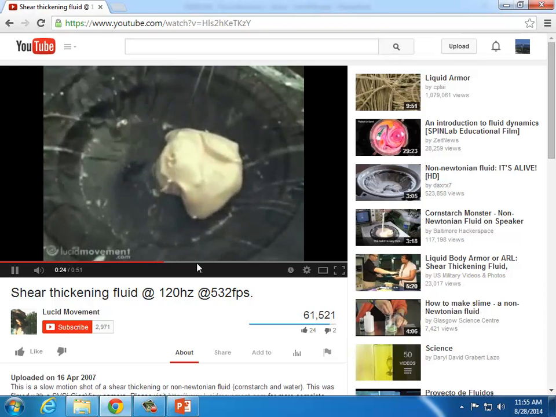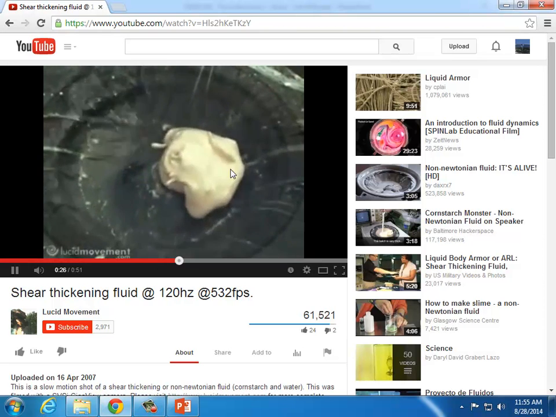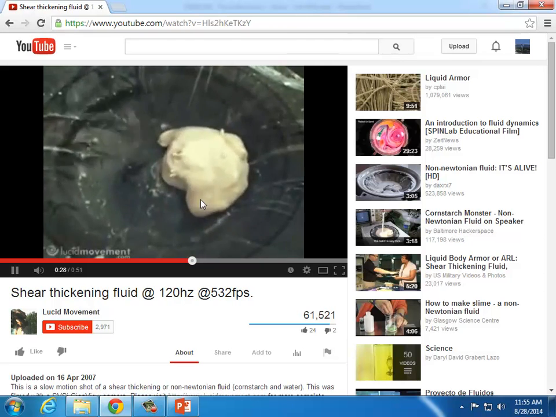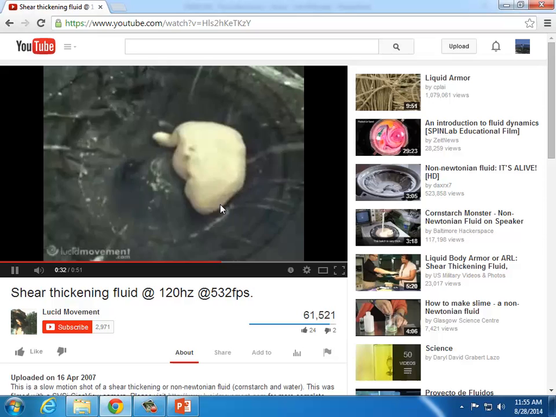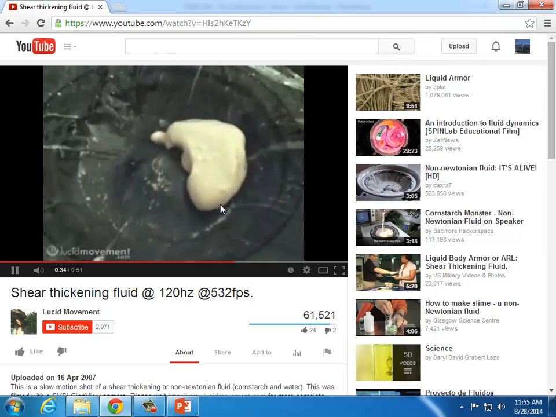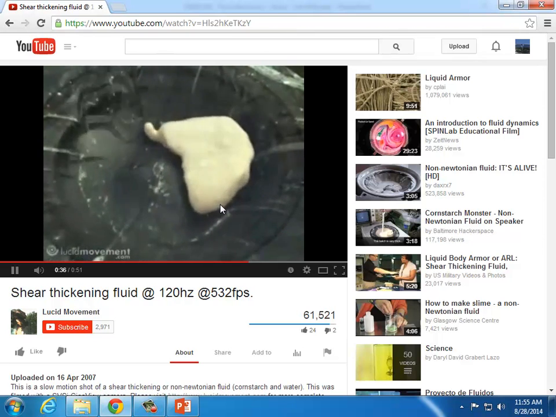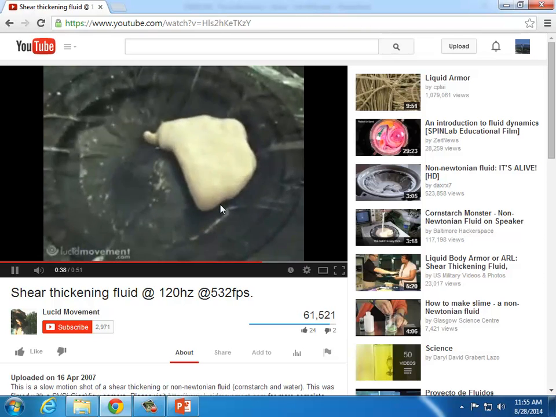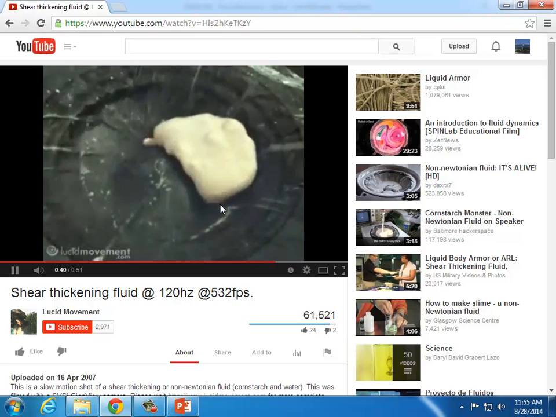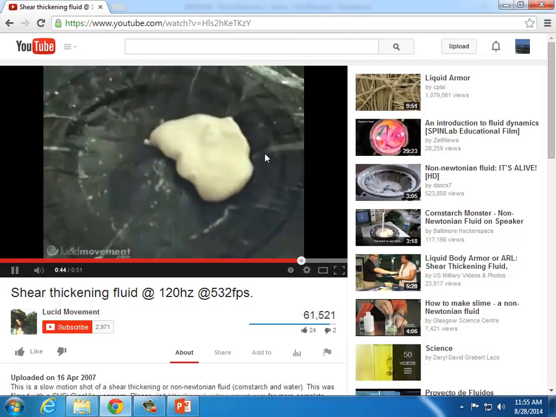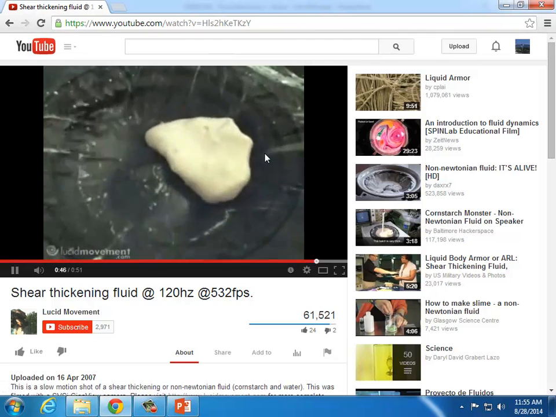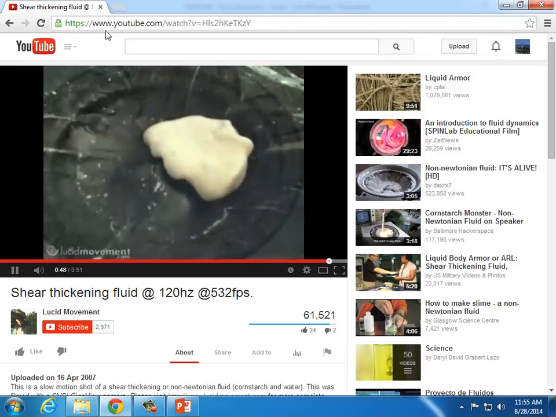And the vibrations of the subwoofer make this mixture of cornstarch and water solidify. It's a liquid that would just pool out, but when you start applying the movement from the subwoofer, it congeals together and becomes much more viscous. Its viscosity increases.